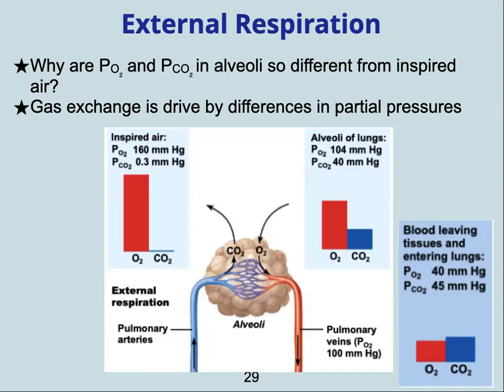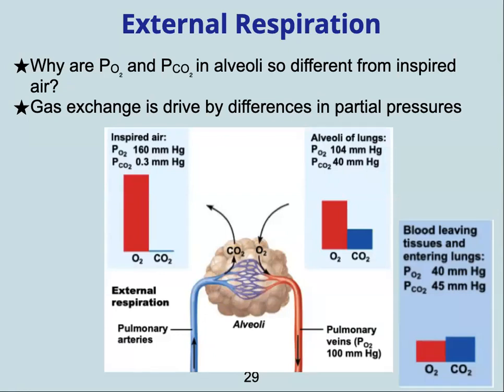This is due to a number of factors, one of which is gas exchange in the lungs. While oxygen diffuses from alveoli into capillary, CO2 is also diffusing out of capillary into alveoli. So this contributes to the lower PO2 and higher partial pressure of CO2.